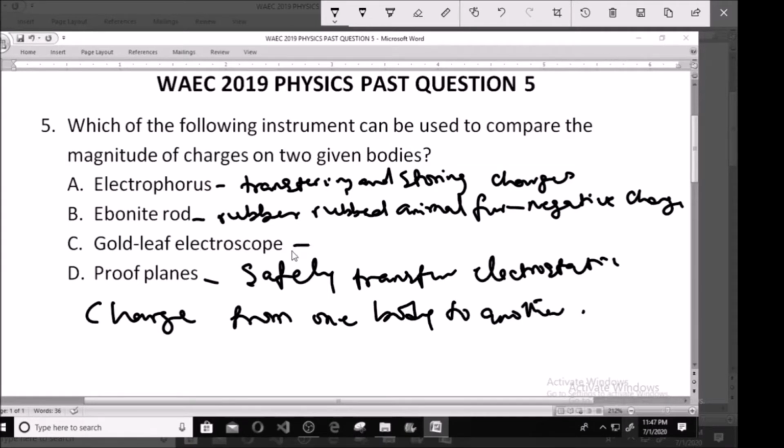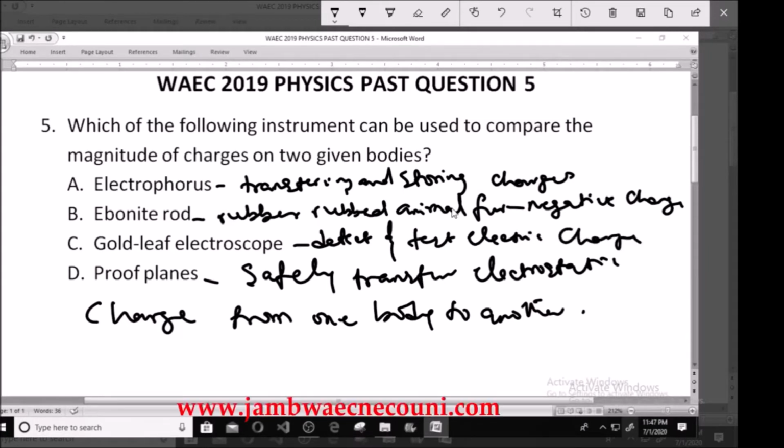But this very gold leaf electroscope is an instrument used for the detection and testing of small electric charge. So you could use it to detect and test electric charge, but it has to be small electric charge.